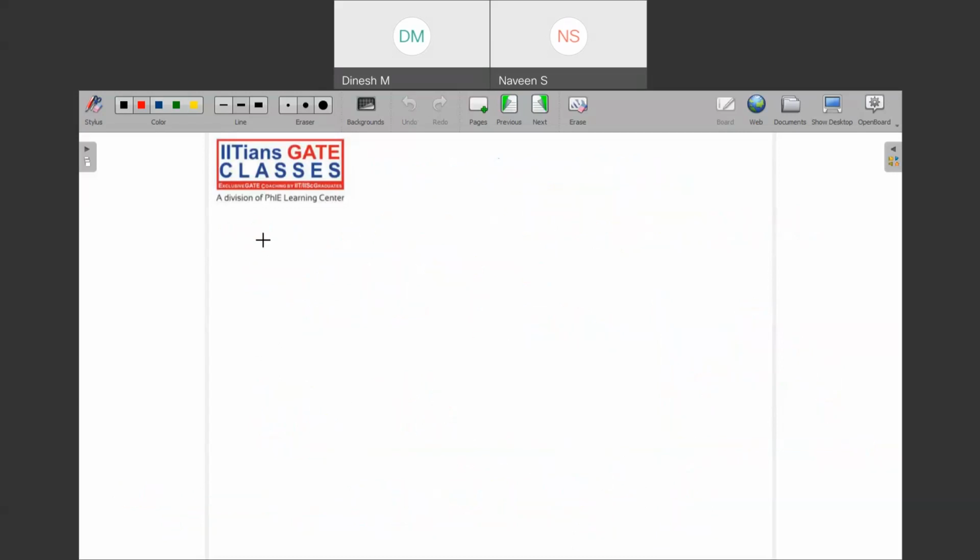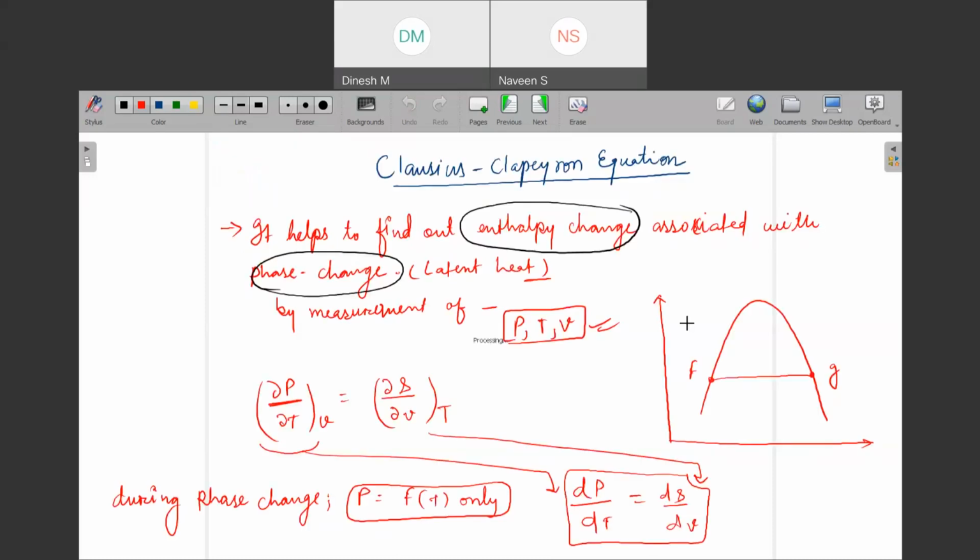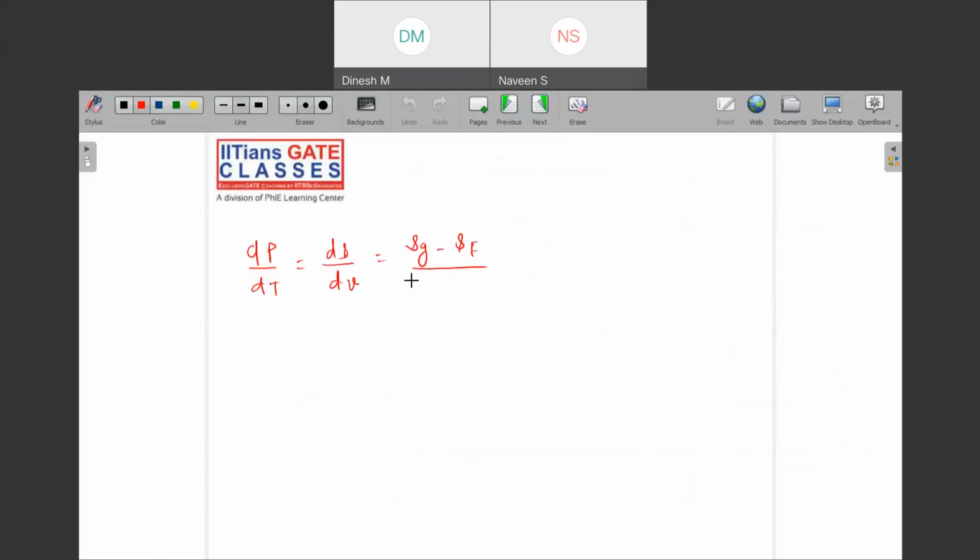Why? Because I can write dP upon dT is equal to dS upon dV, and what is dS? dS is nothing but Sg minus Sf. We are talking specifically about the phase change process. So I write dS as Sg minus Sf, and similarly dV as Vg minus Vf.